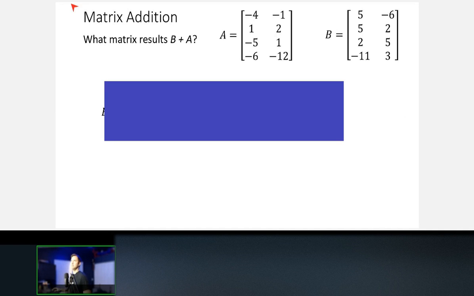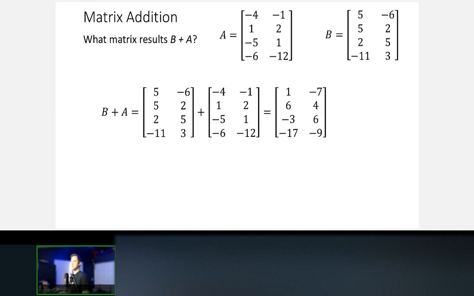Yeah. So super straightforward. This is a freebie in my opinion. Nobody should miss this. Just make sure you don't accidentally point to the wrong value, right? So yeah, we're doing 5 plus -4, -6 plus -1, 5 plus 1, 2 plus 2, and so forth. So yeah, this is a freebie in my opinion. Super easy.